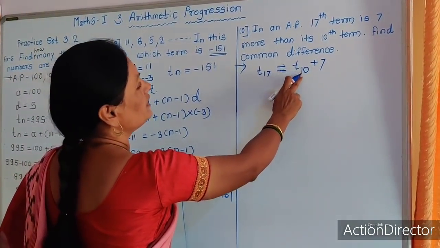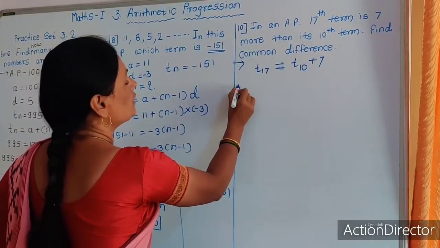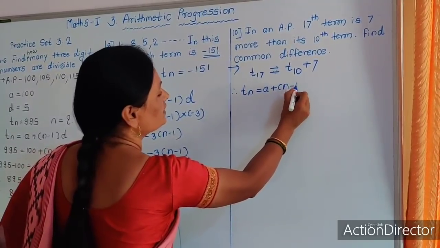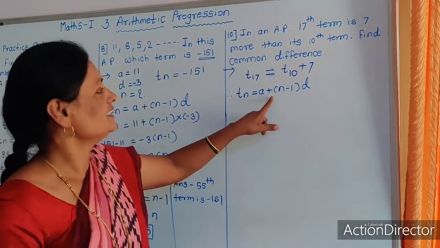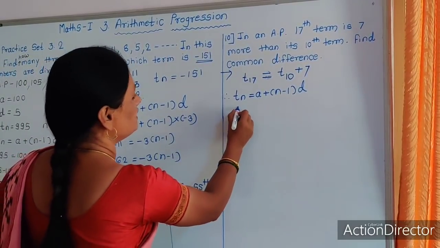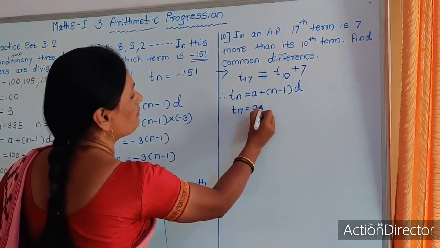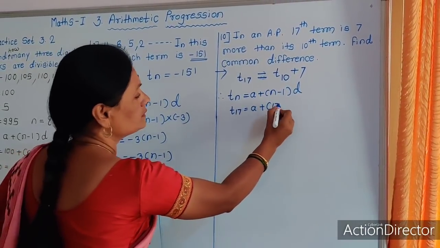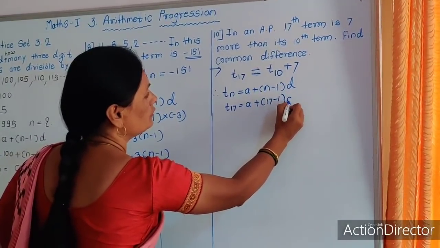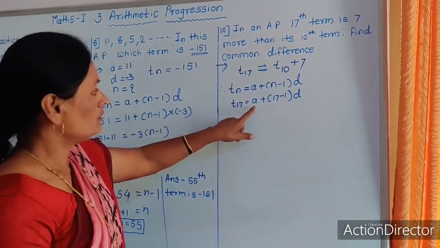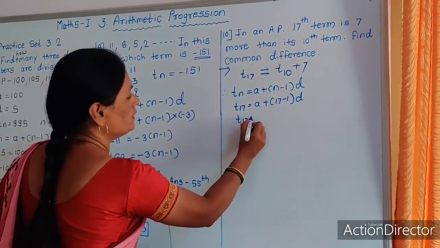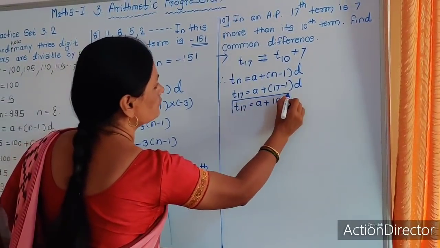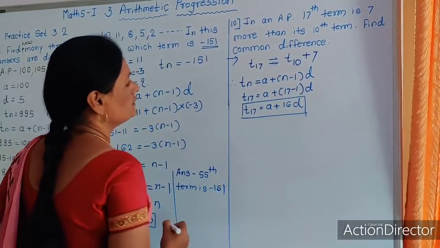Now we have the formula Tn is equal to A plus n minus 1 into D. Here T17 is equal to A plus, where the value of n is 17, 17 minus 1 into D. Look here, T17 is equal to A plus 16D.